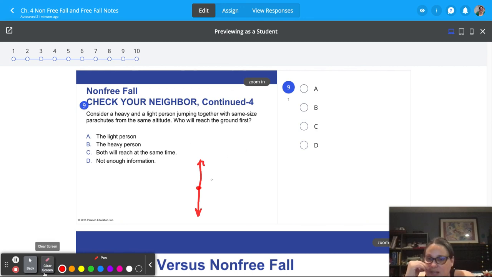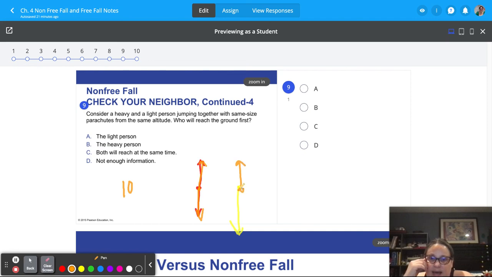The difference here is that the heavy person has a larger weight arrow than the lighter person. The lighter person has a smaller weight. But when, let's say, they're both going 10 meters per second, the lighter person will have this much air resistance and the heavier person will have the same amount.